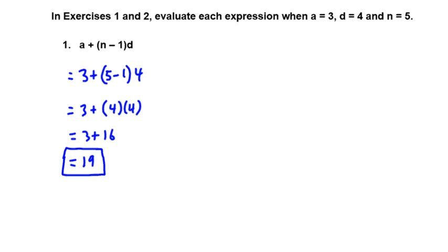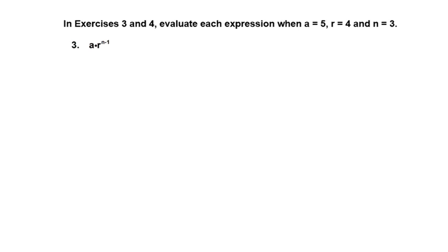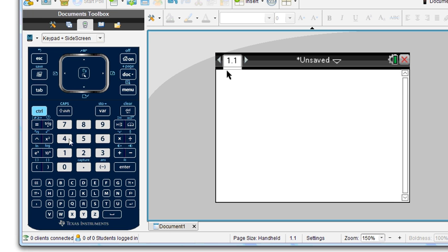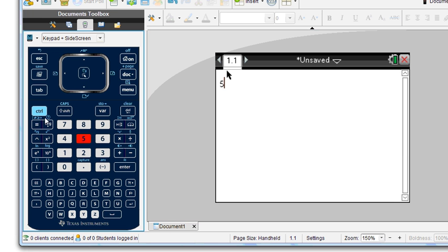We're going to go on to the next odd number problem, which is 3. Here we have exercise 3-4: evaluate each expression when a equals 5, r equals 4, and n equals 3. And we have a times r to the n minus 1 power. For that, I'm going to show you a calculator storage method. So a equals 5, so I'm going to go 5 store a.